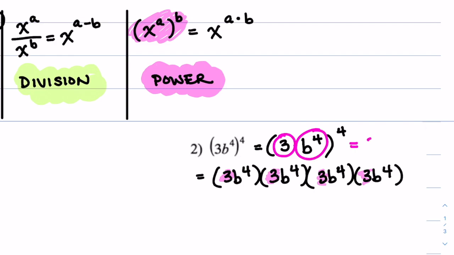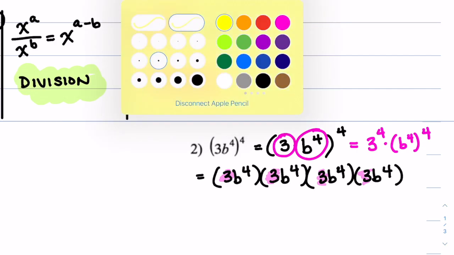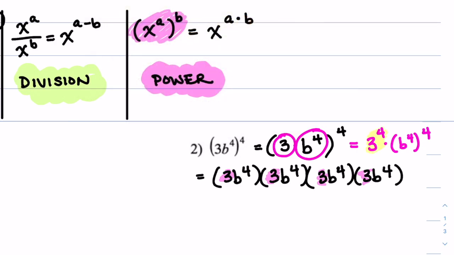So I would write this as 3 to the 4th power times b to the 4th power. So 3 to the 4th power we can do very easily. You can either grab a calculator or you can multiply it out. So 3 times 3 is 9, 9 times 3 is 27, and 27 times 3 is 81. So that would be the yellow part.